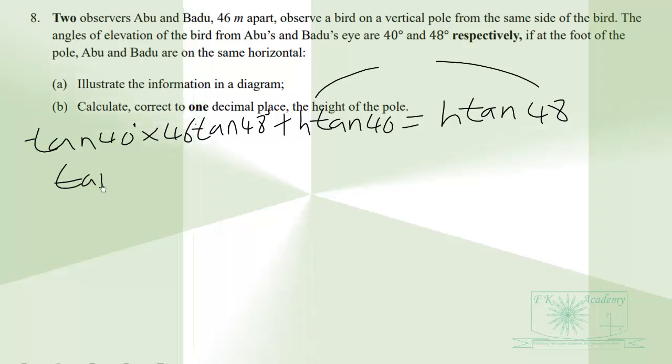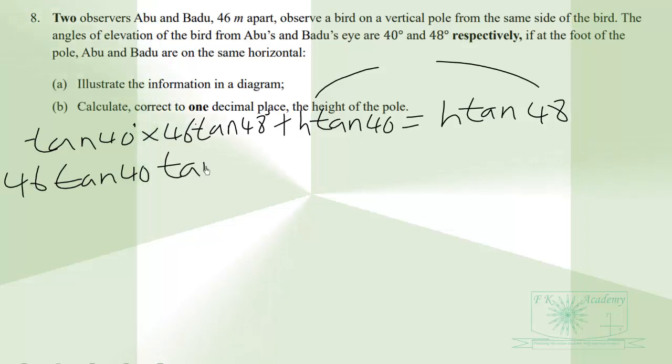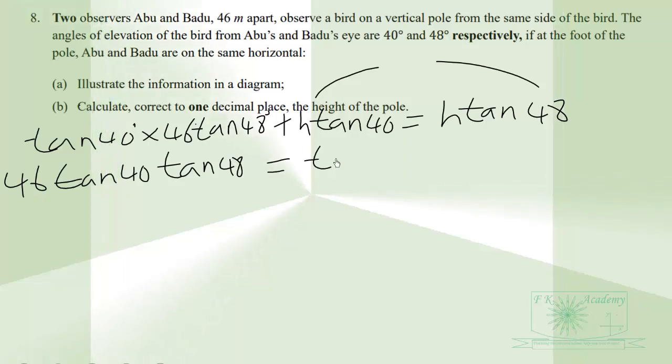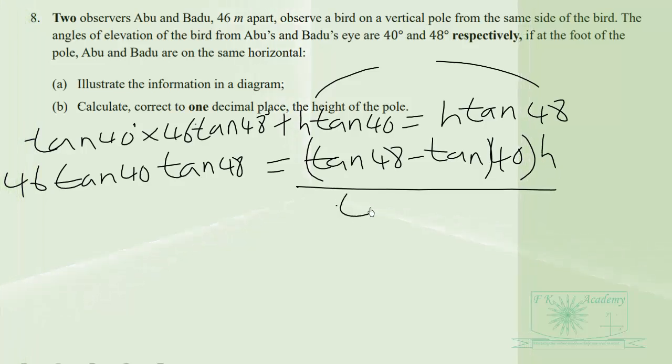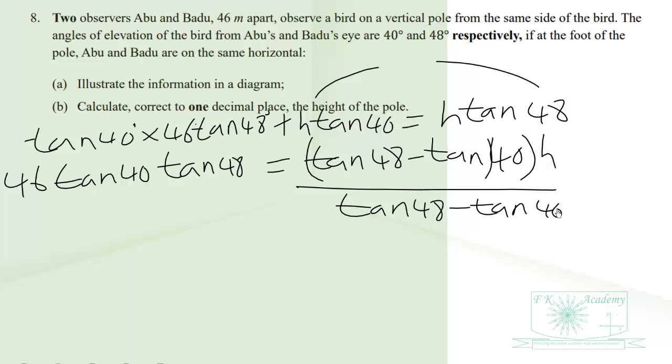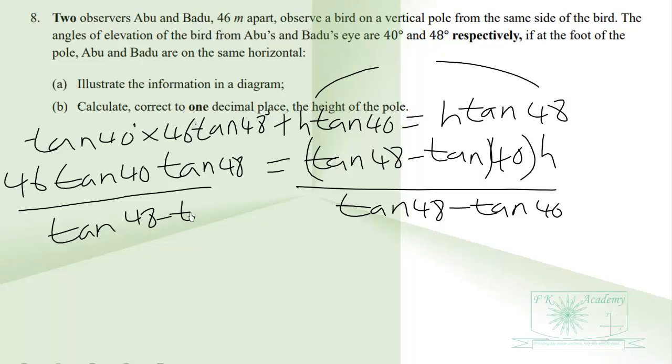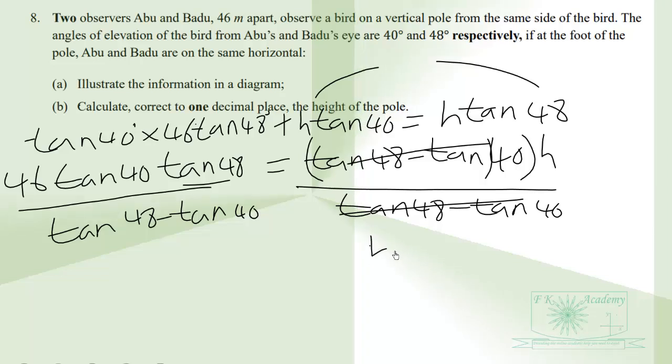So we have 46 tan 40 tan 48 is equal to h tan 48 minus h tan 40. So dividing through by tan 48 minus tan 40, this will evaluate to give us the value of h.